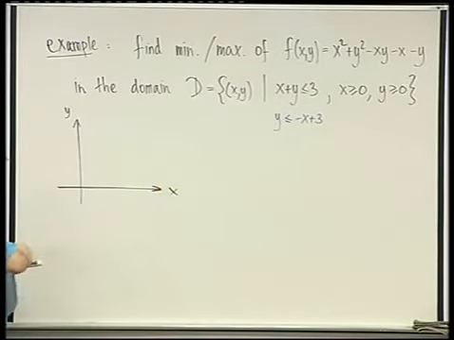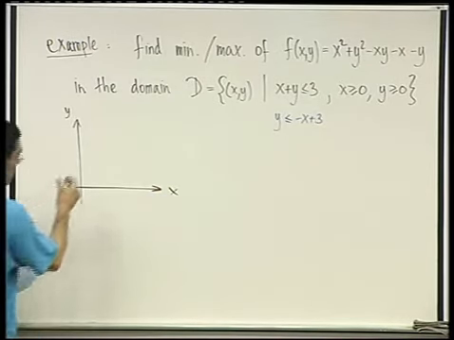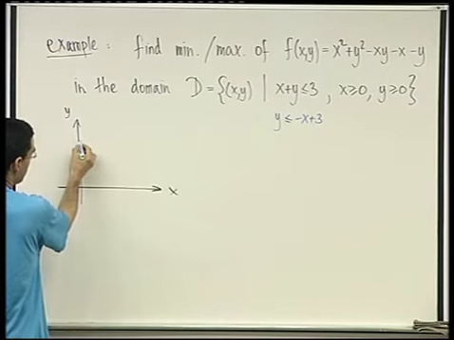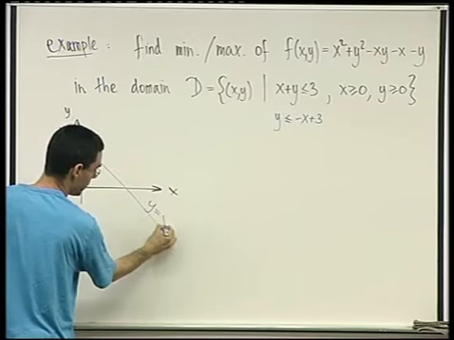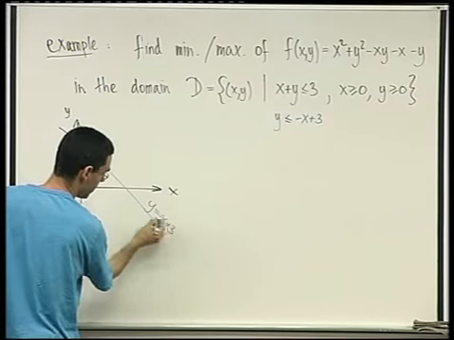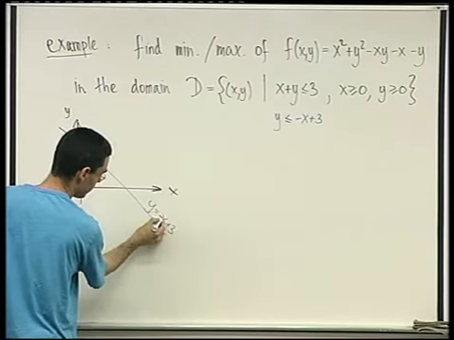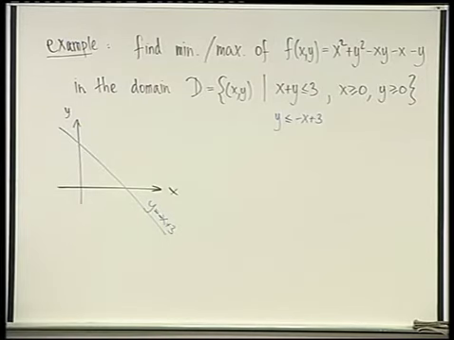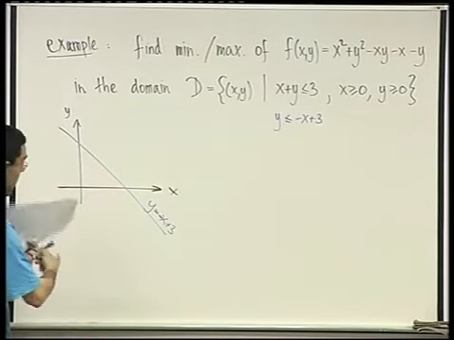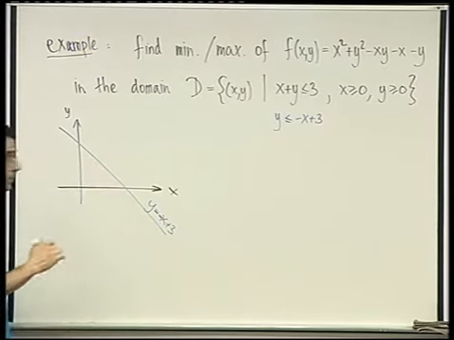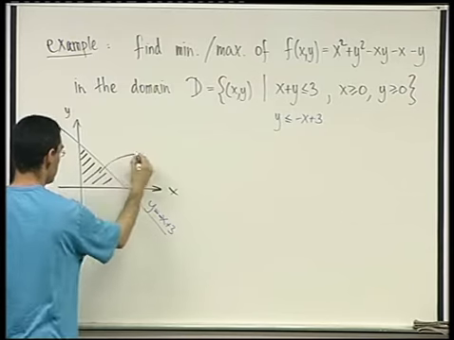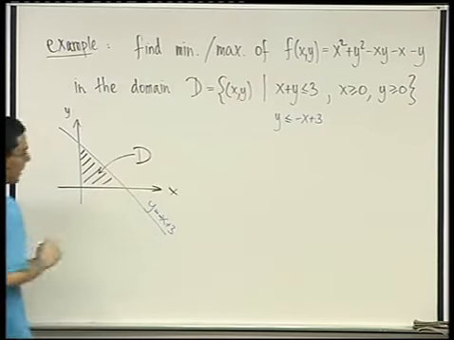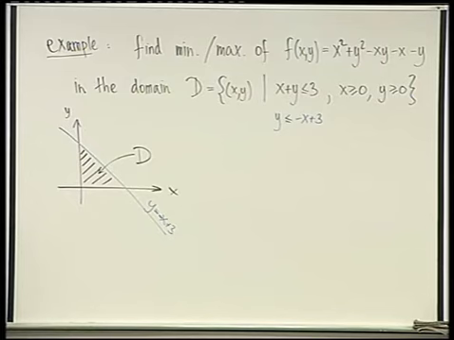So y equals minus x plus 3 is a line with slope -1 crossing at 3. So it's this line. And saying that y is less than that means that we're in this triangle. This is the domain D. Does everybody agree? Good? Okay.